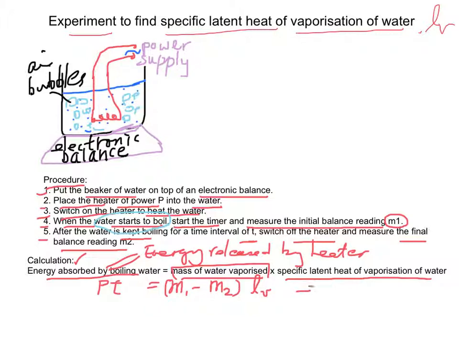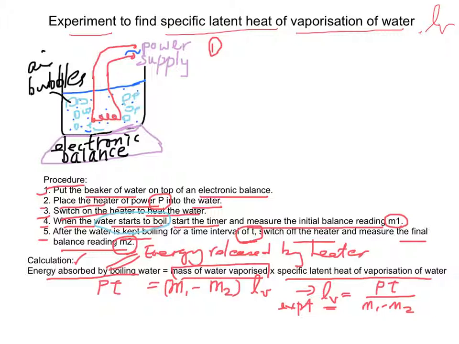Therefore, LV equals PT over M1 minus M2. By substituting the value of power P, the time T during which the water keeps boiling, and the initial and final balance readings M1 and M2, we can find the experimental value of LV.